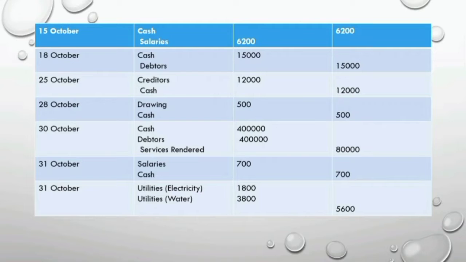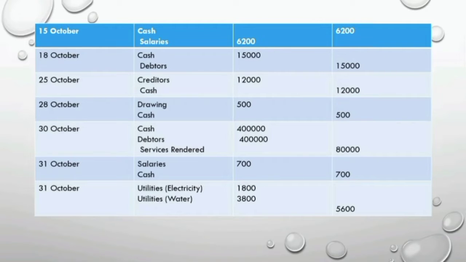On 25 October, we have creditors account and cash account. Creditors we put on debit and cash account we put on credit. On 28 October, we have drawing account and cash. Drawing account we put on debit and cash account we put on credit.